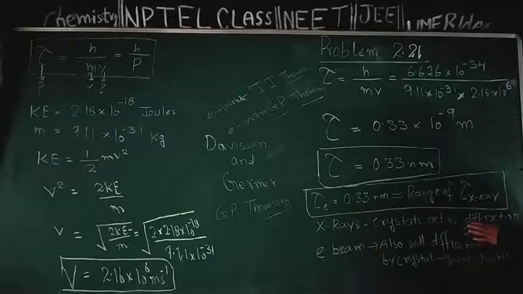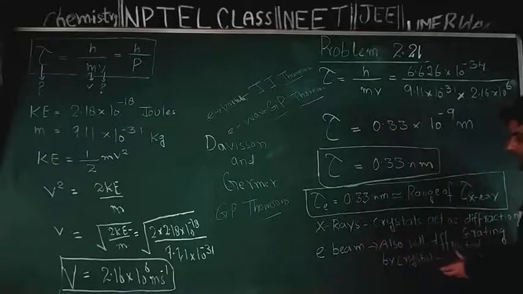And second, I said that X-rays are diffracted by crystals, and diffraction is property of wave, and if electron beam is diffracted by crystals, then electron beam will also act as wave.